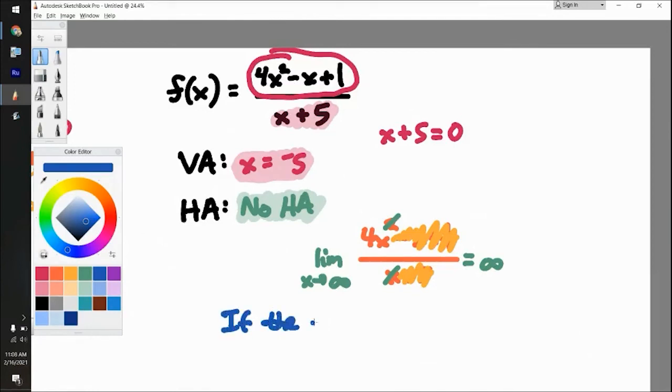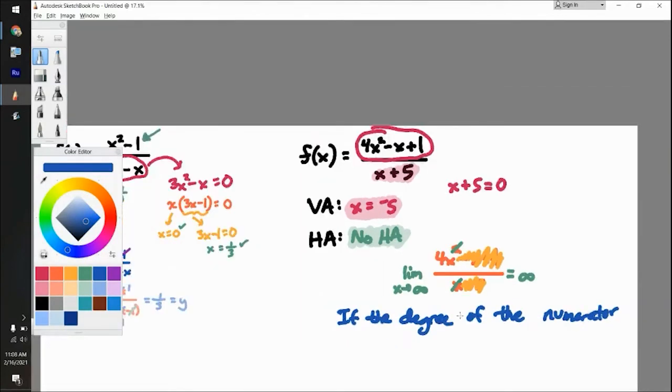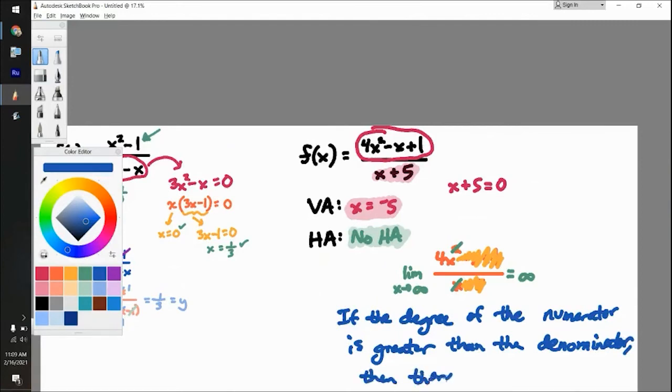If the degree of the numerator is greater than the denominator, then there's no horizontal asymptote. By the way, you can write HA and VA on your tests when you're looking for this stuff. I will know what you mean.